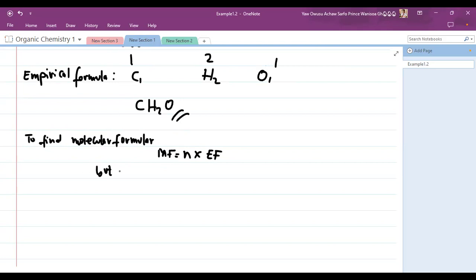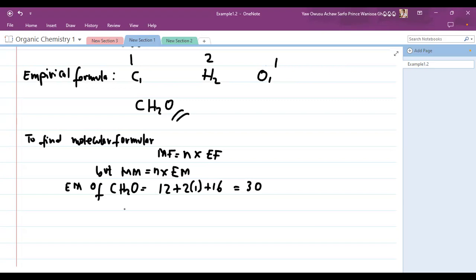But the molecular mass of the compound will be given as N times empirical mass. So our empirical mass of CH2O will be given as 12 plus 2 times 1 plus 16, which is equal to 30.